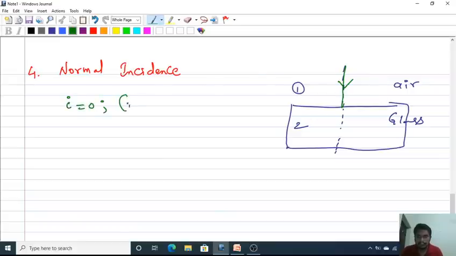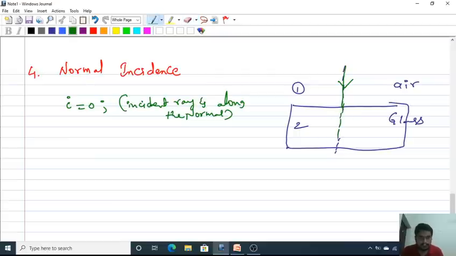The incident ray is along the normal, so the angle of incidence is 0. So what about the refracted ray? It does not deviate from its actual path.